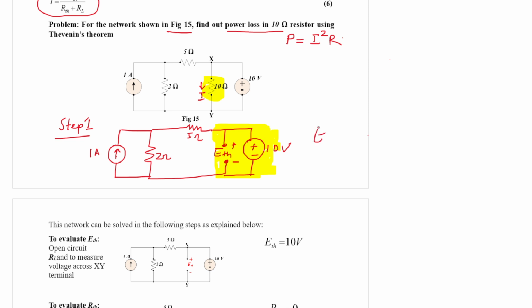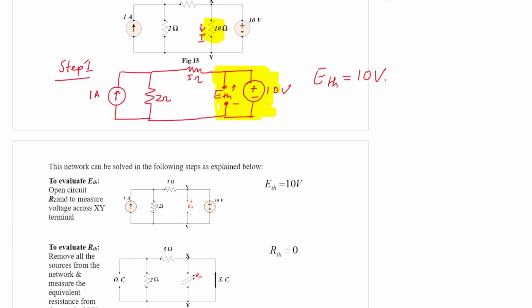That is why luckily for this problem, we can directly write E Thevenin is equal to 10 volt. So in one way, the Thevenin voltage is independent of this part shaded by blue.